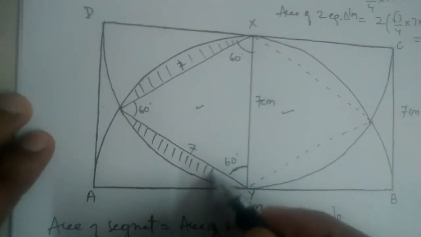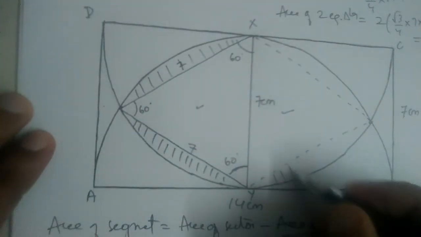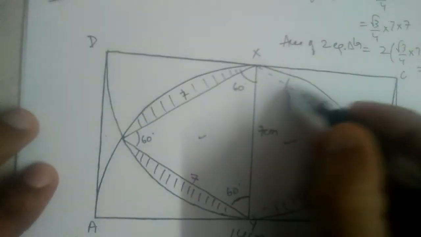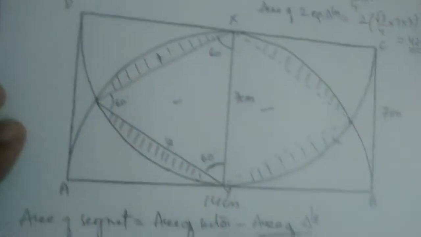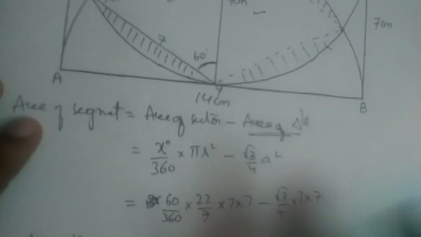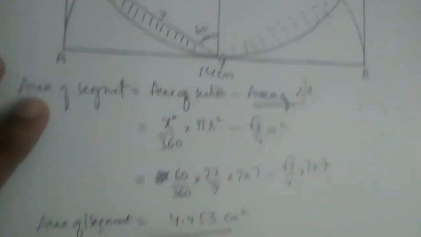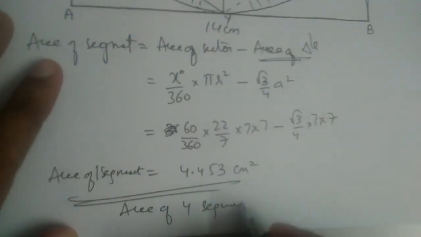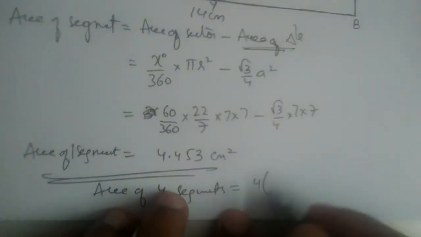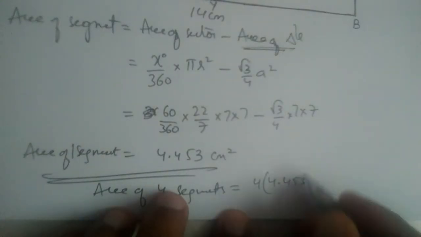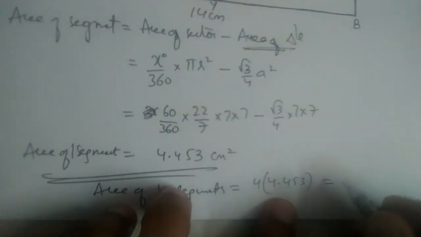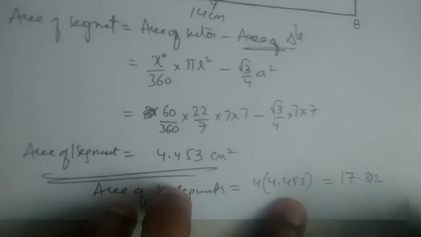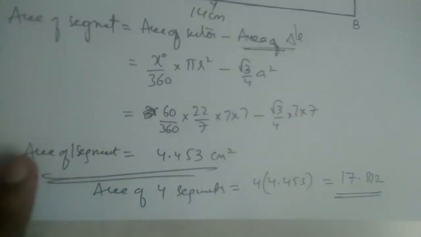This is one segment, 1, 2, and this is another, 3 and 4. Four same segments, right? So the area of 4 segments will be 4 multiplied by 4.453, which gives us 17.812.